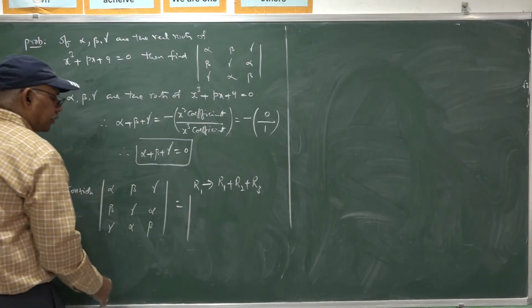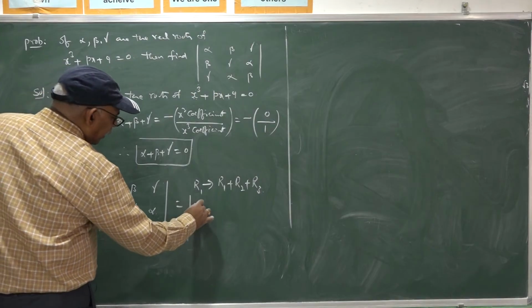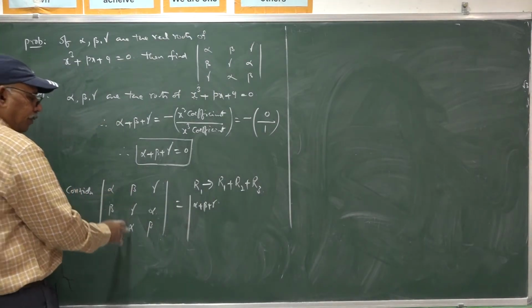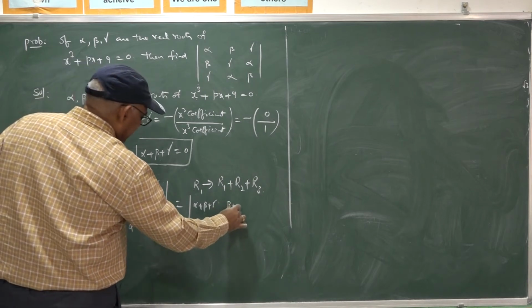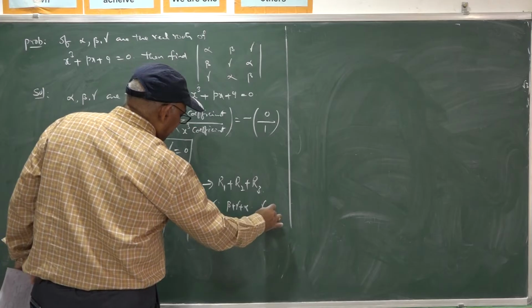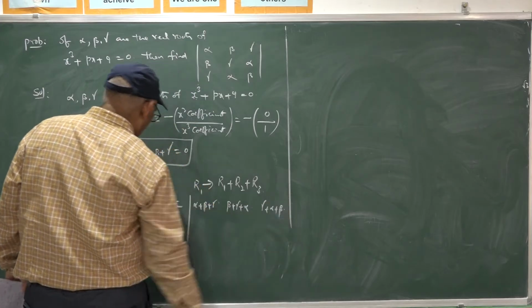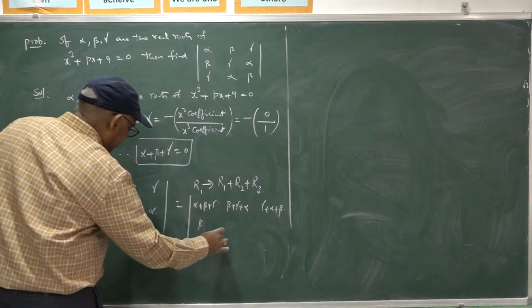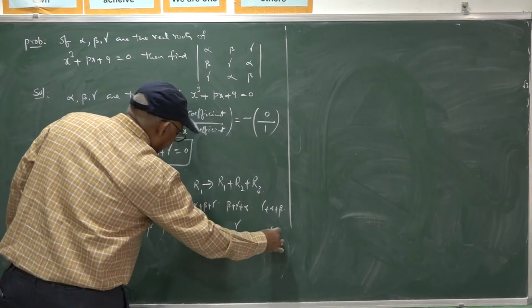We get the determinant becomes alpha plus beta plus gamma, alpha plus beta plus gamma, similarly beta plus gamma plus alpha, similarly gamma plus alpha plus beta. The remaining 2 rows are as it is.